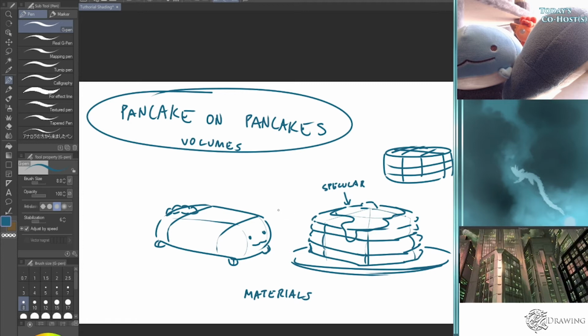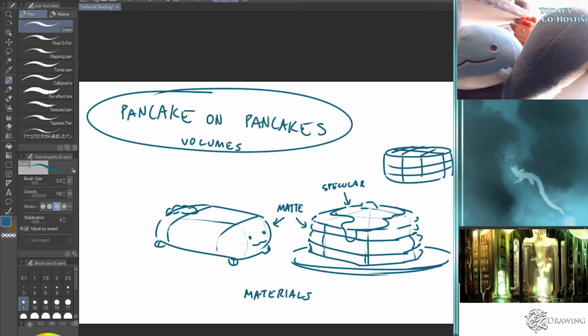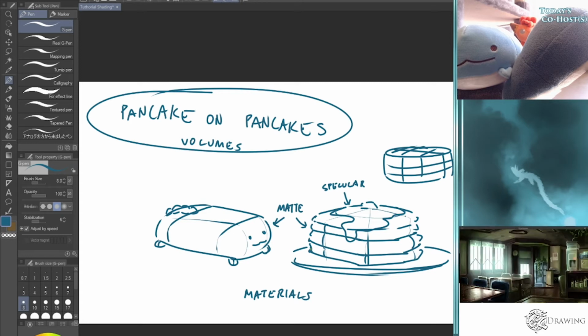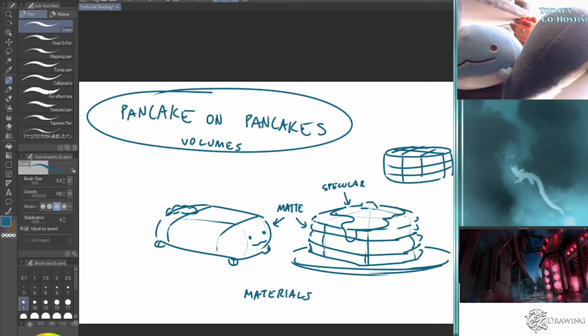And the pancakes and Pancake himself are both going to be matte. Well, yeah, so we know the textures now. But there's two things that we still need to figure out, don't we? Light direction. There you go. We need the light direction.